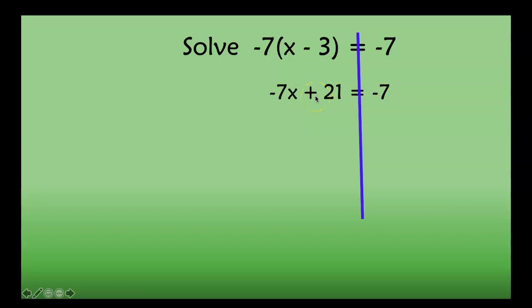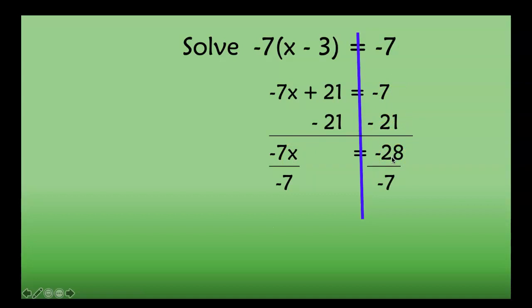Then use inverse operation. We subtract 21 on both sides of the equal symbol. Then you will have just negative 7x on this side. Negative 7 minus 21 is negative 28. We divide by negative 7 on both sides. Then a negative divided by a negative is a positive. So 28 divided by 7 is 4. x is equal to 4.